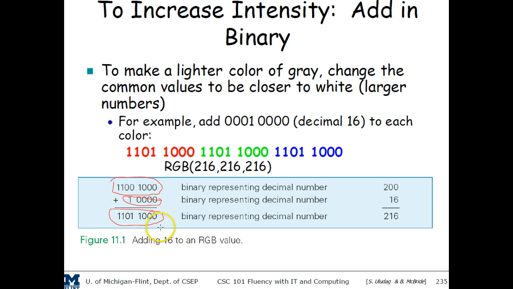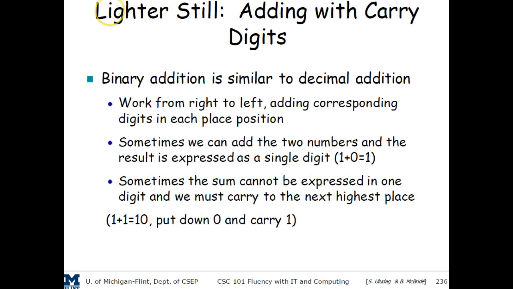So now we have 216 as the amount of red, the amount of green, and the amount of blue, and that gives us a lighter colored gray, closer to white. So we need to see how the computer does this binary addition.